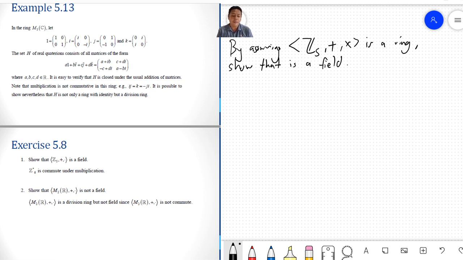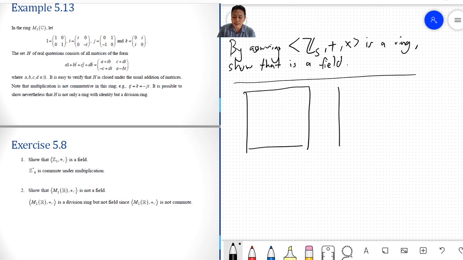If you refer to the previous visual diagram summary, what more needs to be proved? Okay, if we assume that it is already a ring, you don't need to show the previous properties. But for Z5, let me do the plus and multiplication Cayley table. So Z5: 0, 1, 2, 3, 4, 0, 1, 2, 3, 4, plus.